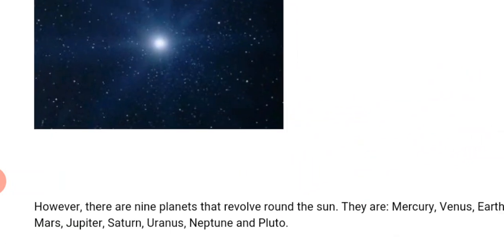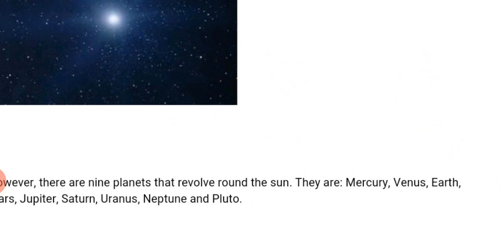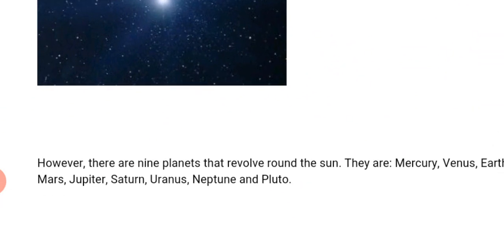However, there are 9 planets that revolve around the sun. They are Mercury, which is the closest to the sun, followed by Venus, Earth, Mars, Jupiter, Saturn, Uranus, Neptune, and Pluto.